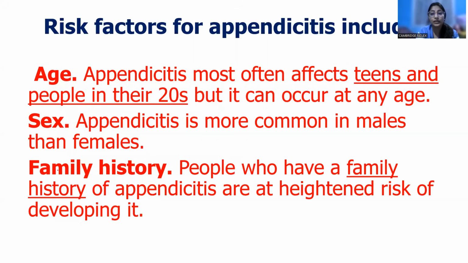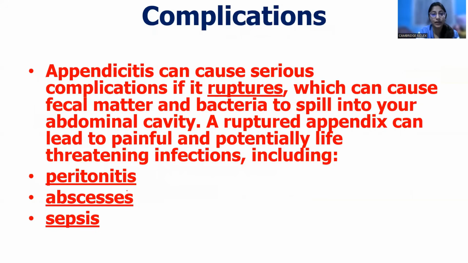Now, what are the risk factors for appendicitis? First is age. People who are teenagers, meaning under 20 years old, are more likely to get it, but it can happen at any age. Second is sex. Appendicitis is more common in males than in females. Third is family history. People who have a family history of appendicitis are at a higher risk of developing it.